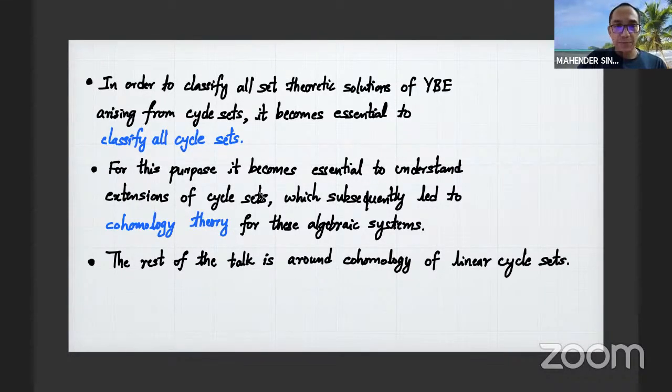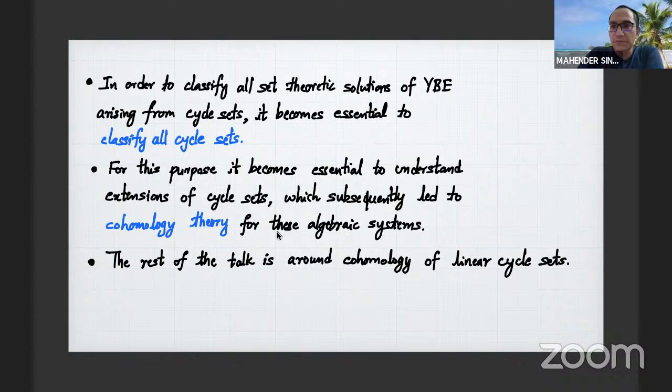So that is what really happens here. So in order to classify all set theoretic solutions of the Yang-Baxter equation arising from cycle sets, it becomes essential to classify these objects. And therefore it becomes essential to understand extensions of these, which has subsequently led to a very nice cohomology theory for these algebraic systems.